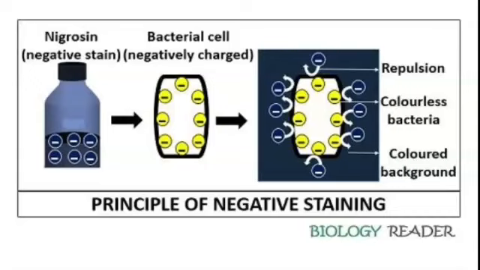That is positive staining. In negative staining, the negative charge of the stain will repulse the negative charge present in the bacterial cell. So the background is dark and the bacteria will be colorless, so you can have a clear visualization of bacteria under the microscope.